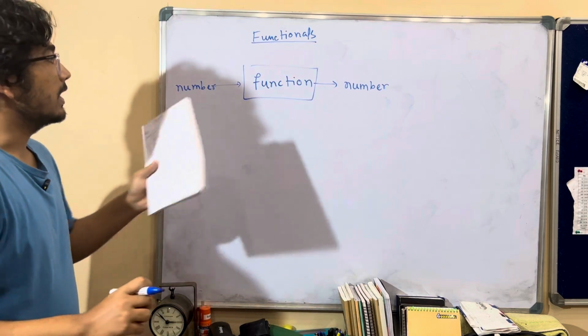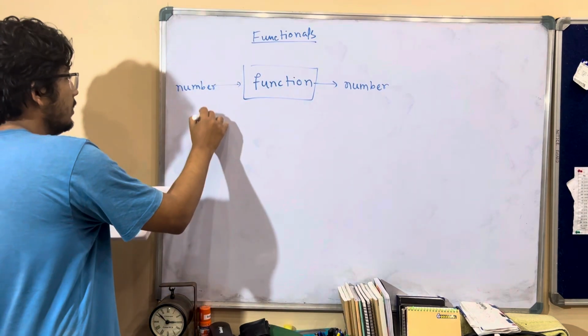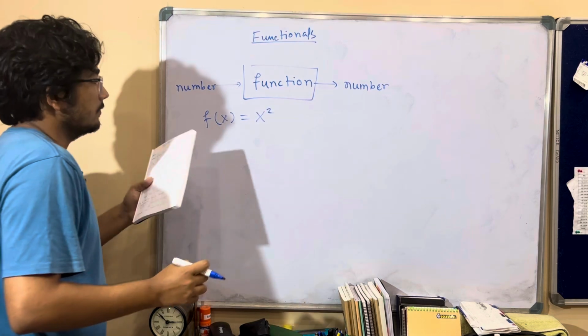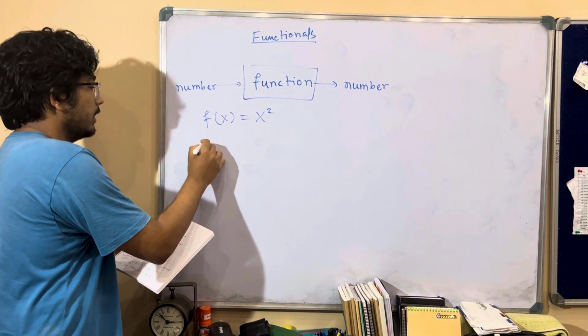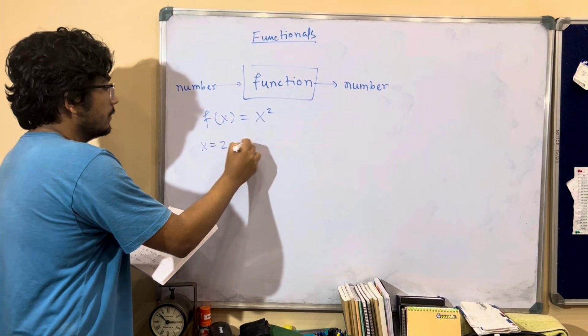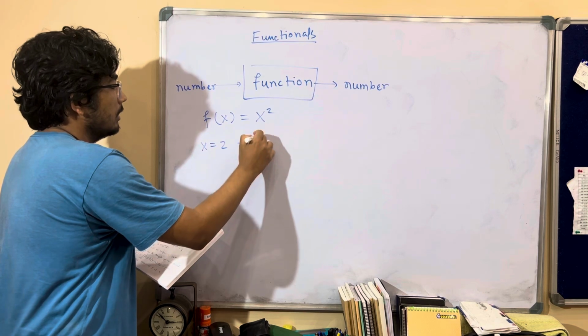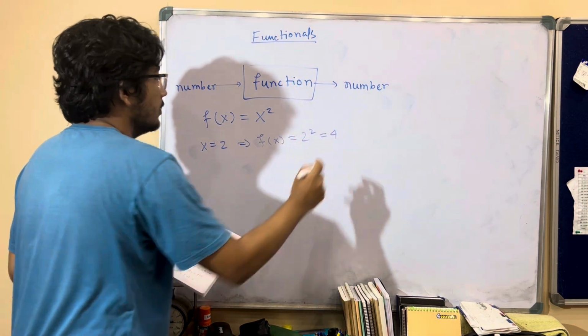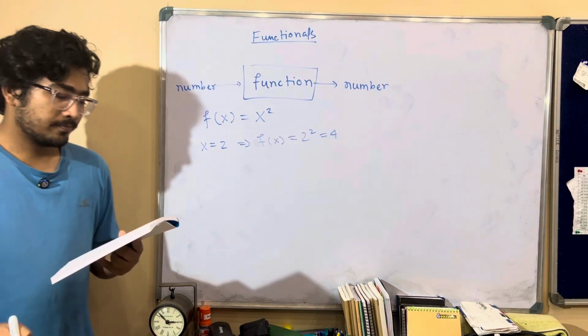That is a function. For example, f of x equals x squared is a function. If you input x equal to 2, it will give out f of x equal to 2 squared, that is 4.